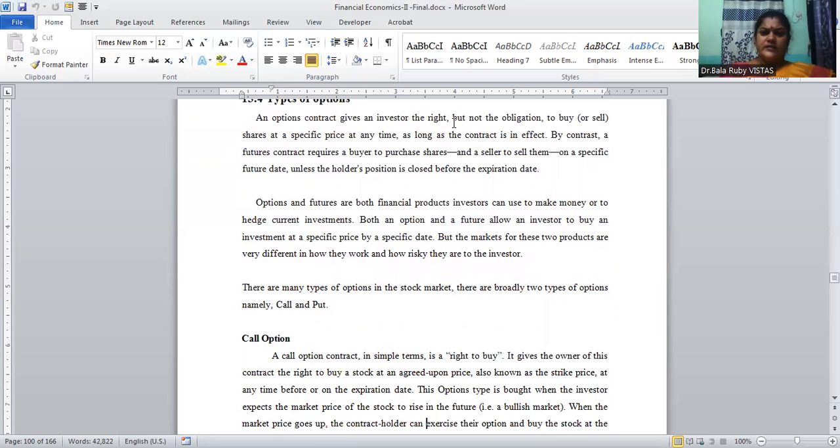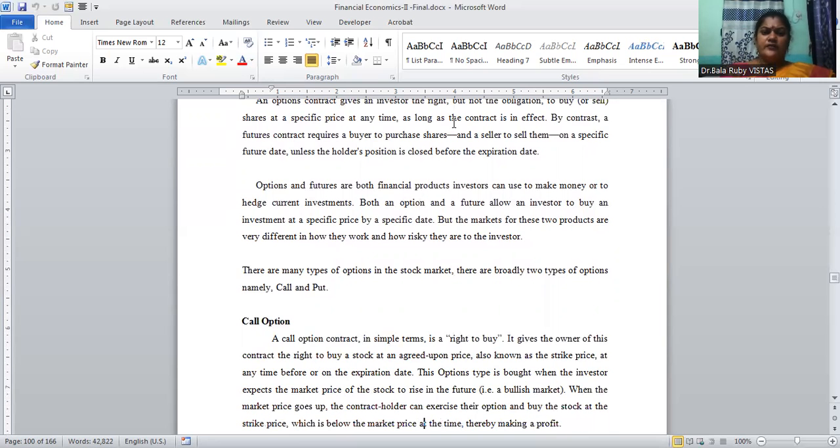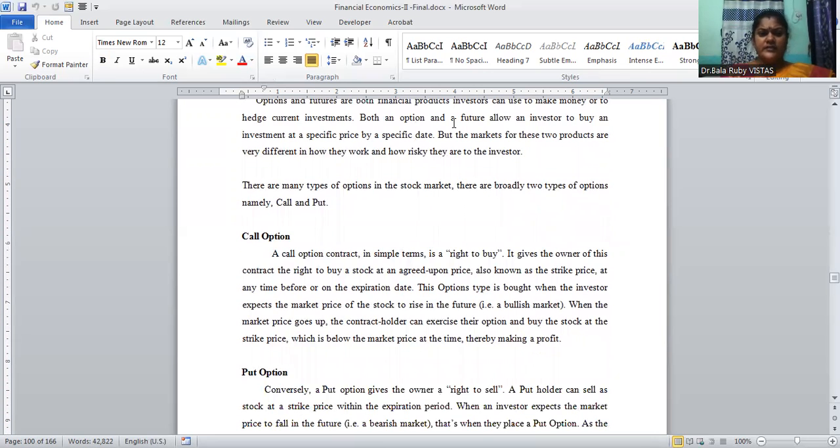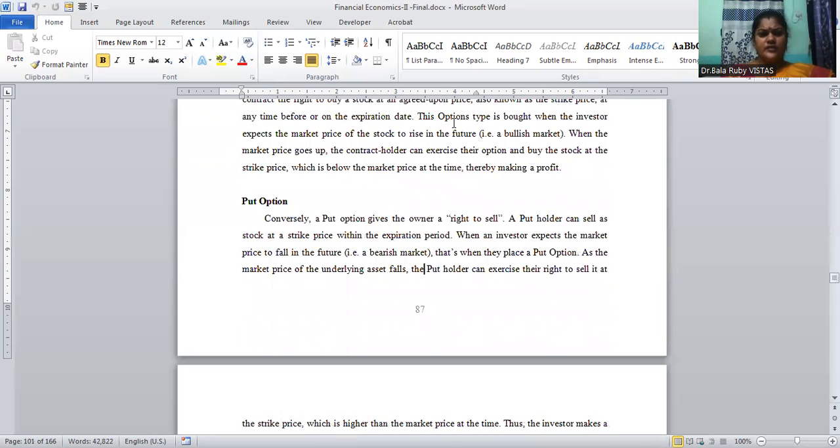But the markets for these two products are very different in how they work and how risky they are to the investor. So there are many types of options in the stock market. Broadly, there are two types of options. One is the call option, the second is the put option.